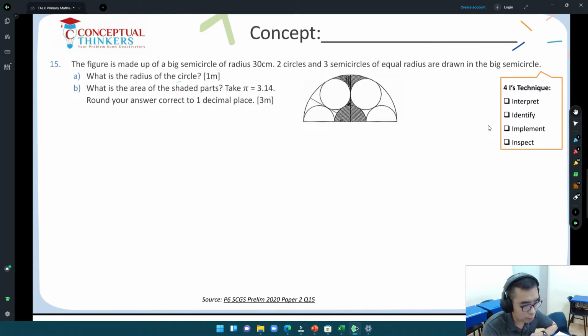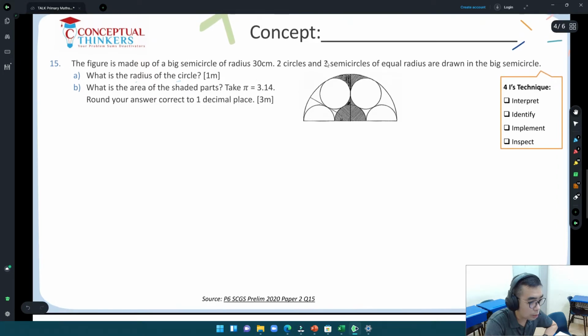First we need to interpret the question. The figure is made up of a big semicircle. This will be the key phrase. Let me just highlight this. A big semicircle of radius 30 cm, then 2 circles and 3 semicircles of equal radius are drawn in the big semicircle.